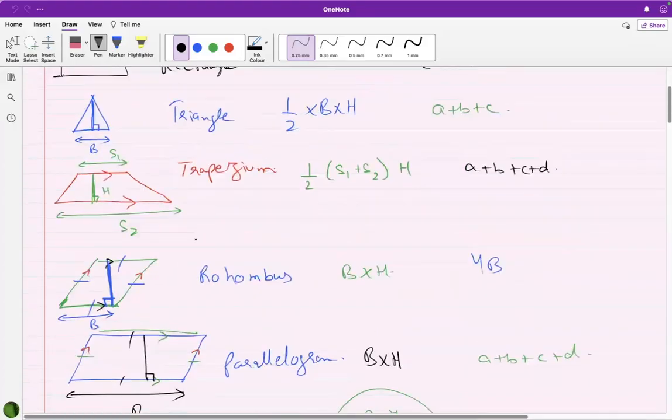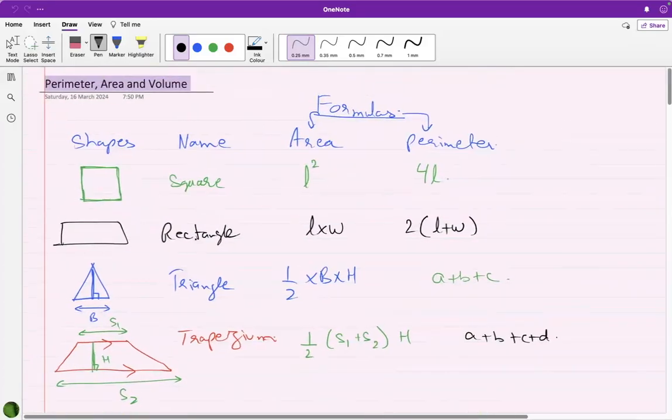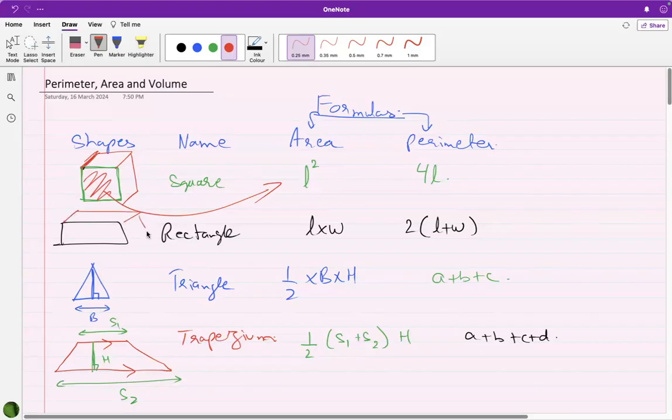Volume is cross-sectional area into height. If we have this square, and let me say this is the new shape, the cross-sectional area is already there, and I'll multiply it with this new height. Cross-sectional area is already there, I'll multiply it with this new height. We can multiply it with the new height or new length, whatever we call it.